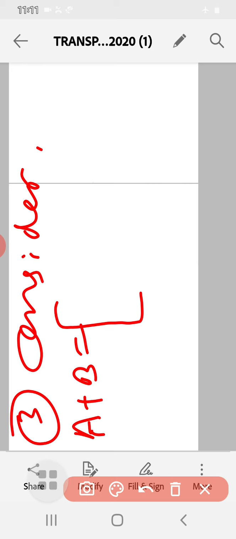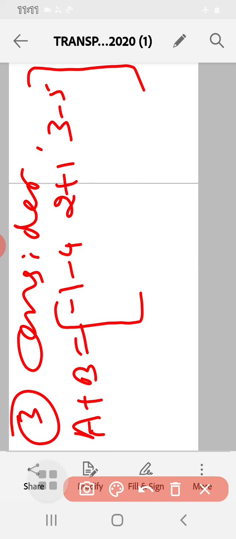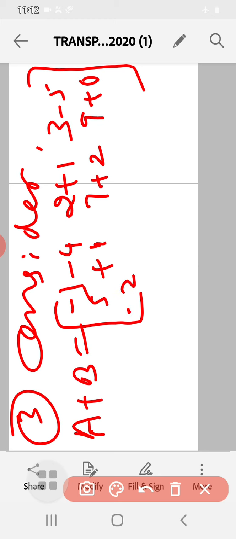We know that addition of matrices means addition of corresponding elements. So I will write the corresponding elements here. So minus 1 minus 4, 2 plus 1, 3 minus 5, then 5 plus 1, 7 plus 2, 9 plus 0, minus 2 plus 1, 1 plus 3, 1 plus 1. Okay, this is the addition of corresponding elements.